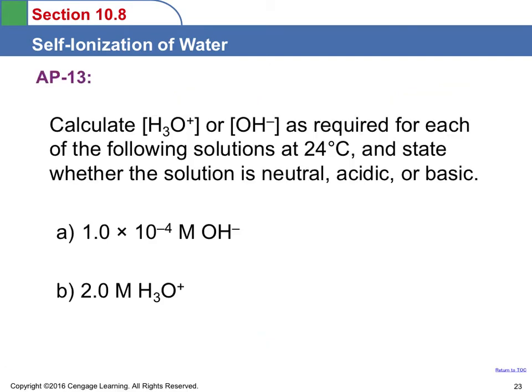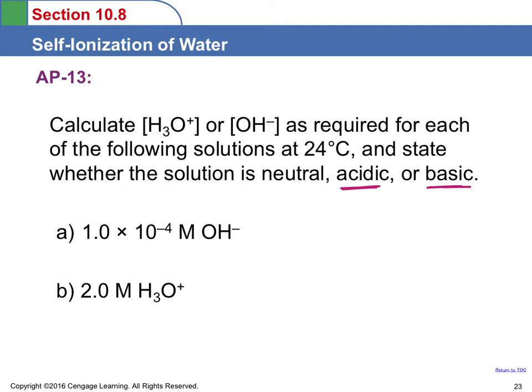So here's an example. We are going to calculate either the hydronium or hydroxide concentration required to make each of the following solutions. All right, and then we're also going to decide whether it's neutral, acidic, or basic. And we're going to do that by deciding, do we have more hydronium making it acidic, or do we have more hydroxide making it basic?